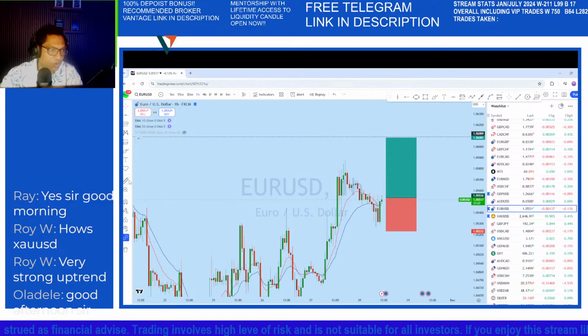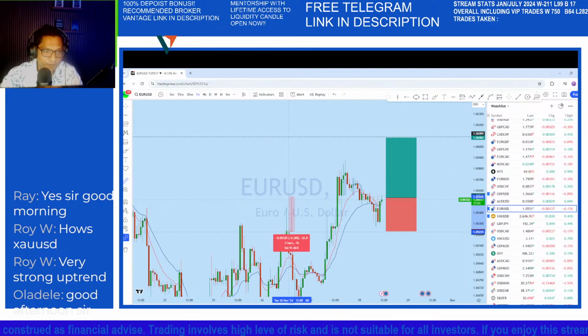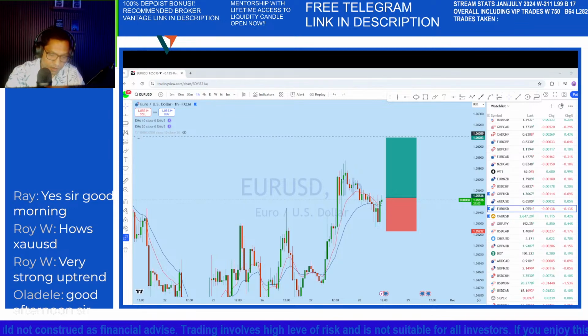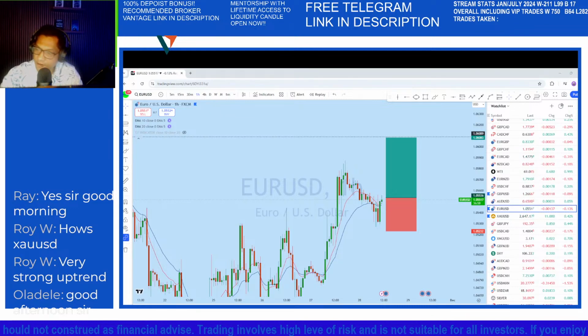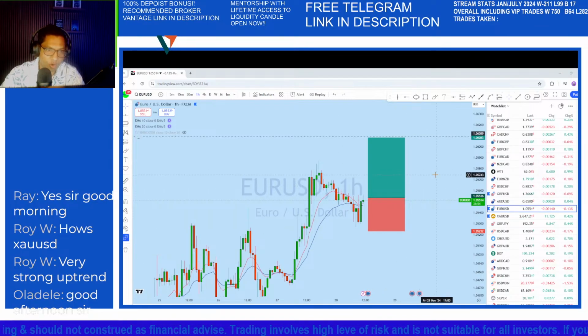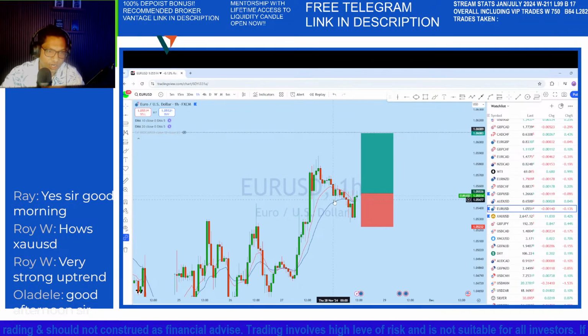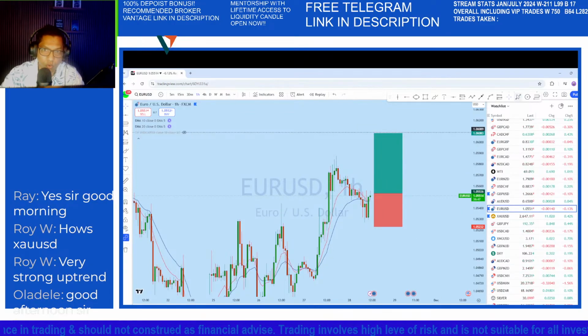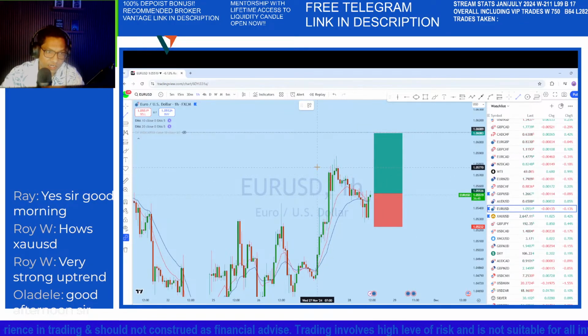So you can see that on Euro USD there is around a 32 pip stop loss. I am opening a bullish trade and expecting Euro dollar to trend, as this is a bull flag in this area.